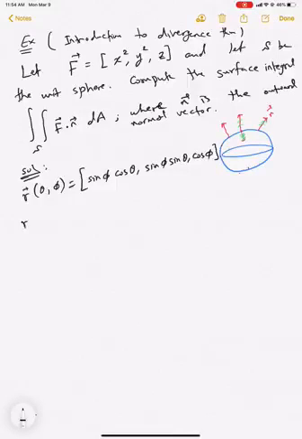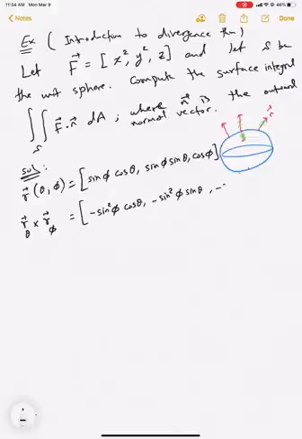Also, we already computed in one of the examples r sub theta cross r sub phi, and we found it to be minus sine squared phi cosine theta, minus sine squared phi sine theta, and minus sine phi cosine phi.